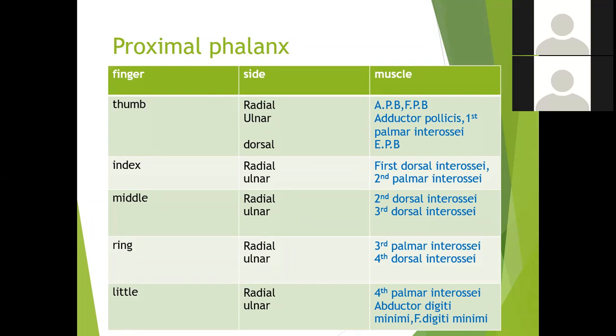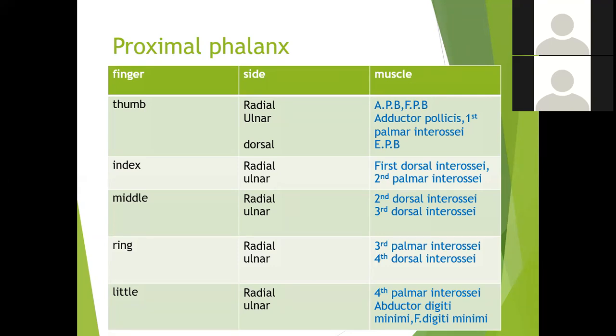Here again, on either side, radial side and ulnar side, muscle is inserted. Radial side second dorsal interosseous, ulnar side third dorsal interosseous muscle is attached.